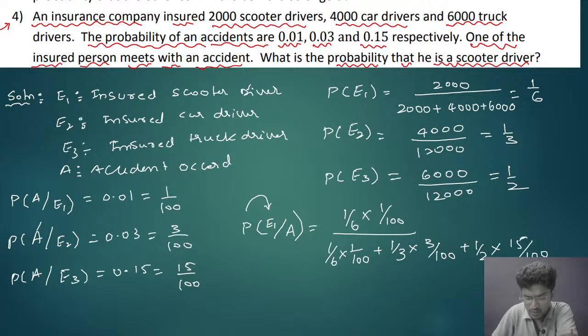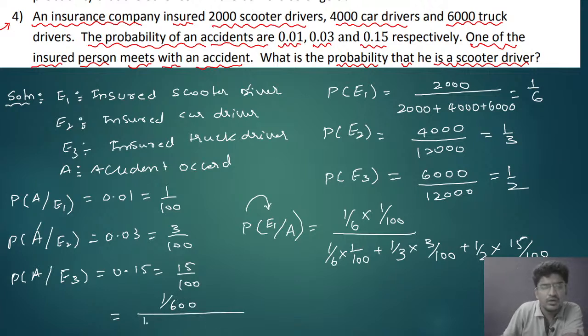This we have to solve. So you can see here 1 by 600 divided by 1 by 600 plus 3 by 300 plus 15 by 200.